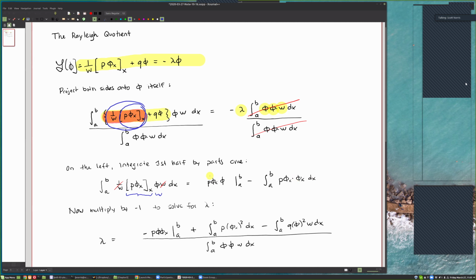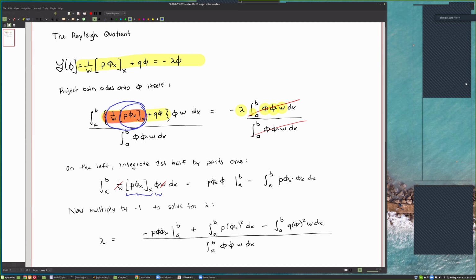And again, so far, this seems like we're just playing around with equations, for no specific purpose. But here's where things get interesting. We have converted this first half of the integral using integration by parts, and we leave the second half alone. On the right-hand side, all we now have is lambda.